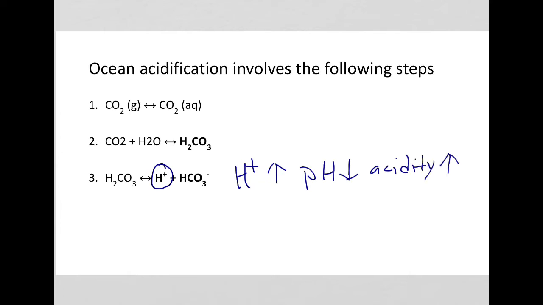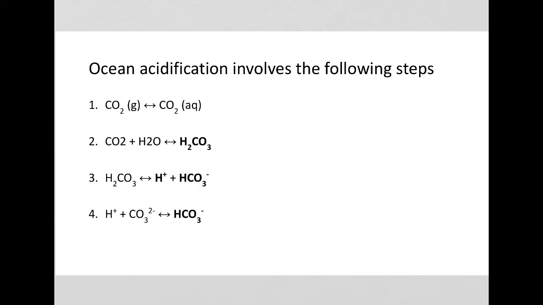The more hydrogen ions you have in solution, the more acidic it is. Now this bicarbonate ion still has a hydrogen, so it can lose that hydrogen to the water again and make a carbonate ion and hydrogen ion.